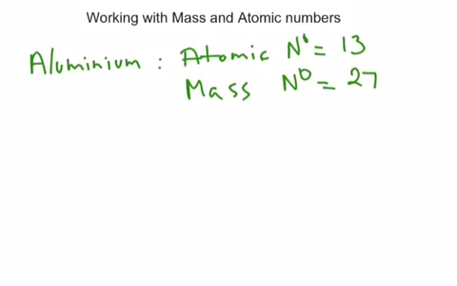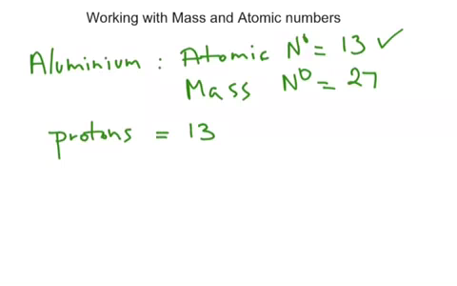Let's take a few minutes to work with some of the numbers to do with mass and atomic number. Let's take the example of aluminium. Aluminium is number 13 on the periodic table, therefore it has an atomic number of 13. What does this mean? How many protons will aluminium have? Hopefully you've worked out that it would have 13 protons, because its atomic number is 13.